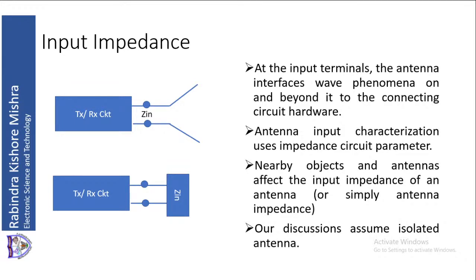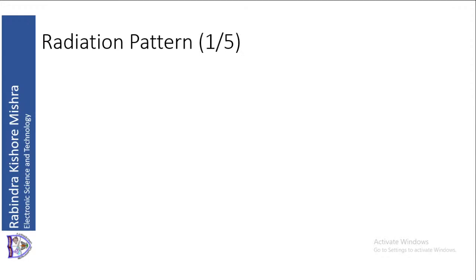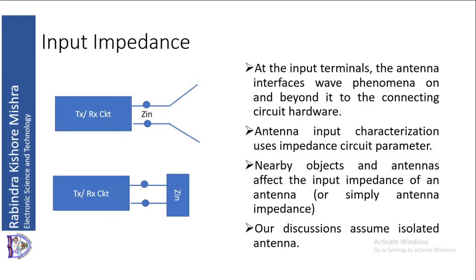Therefore, nearby objects and antennas near this antenna, the antenna that we have connected, will affect the input impedance, because impedance can always be defined in terms of power. So they affect the input impedance of an antenna, or simply the antenna impedance.